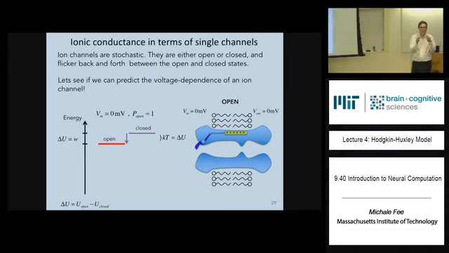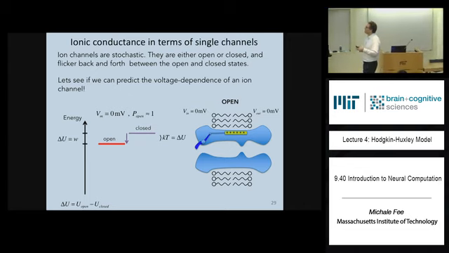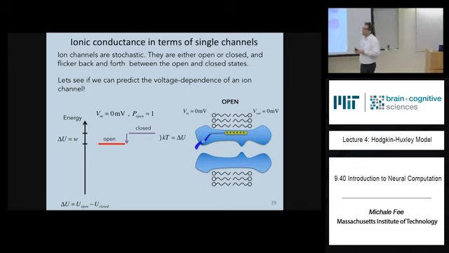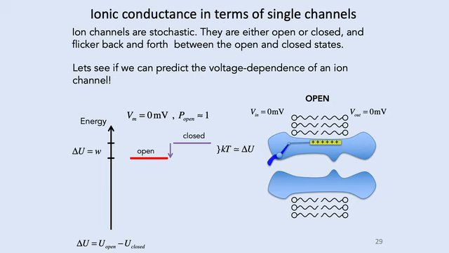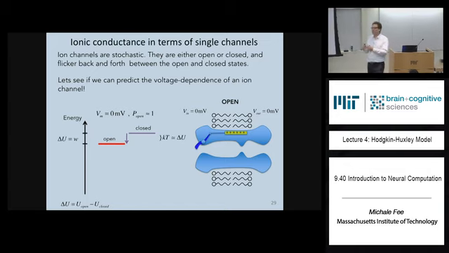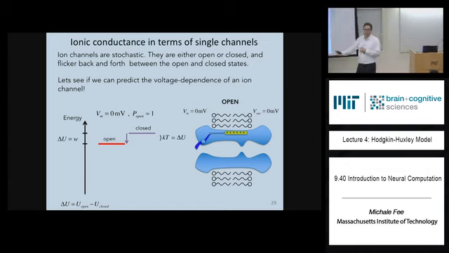Okay, so again, the Boltzmann equation says that the probability of being in 2 states, open or closed, depends on the energy difference between them. Okay? So we have an open state and a closed state. And when the voltage difference between the inside and the outside of the cell is 0, the channel likes to be open.